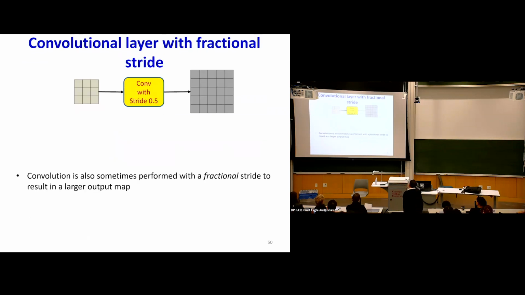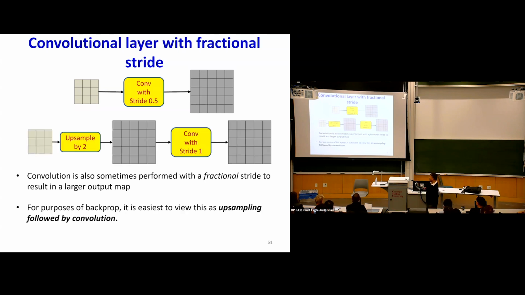Now, same thing, if I'm convolving with a fractional stride, which is to say I'm upsampling, increasing the size of the map, here you would actually explicitly be performing the operation by upsampling and then performing a convolution, although there are ways of combining the two to get something a little more efficient. But whatever your efficient implementation is, it doesn't make sense to think about your operation in terms of this fancy convolution with fractional strides; that's going to kill you during back propagation.